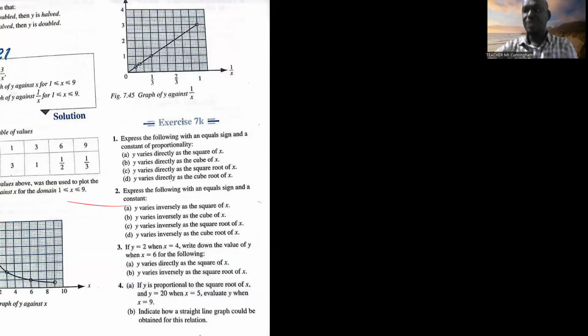People, I want to write question 4 just to make sure that we're on the same page. All right, so in question 4, if y is proportional to the square root, sorry.